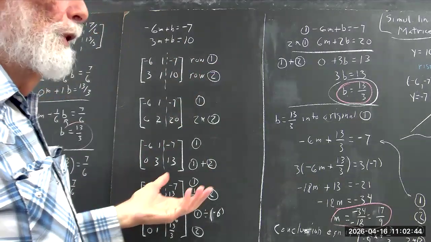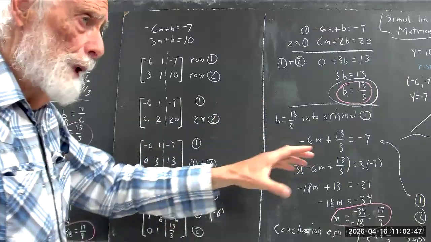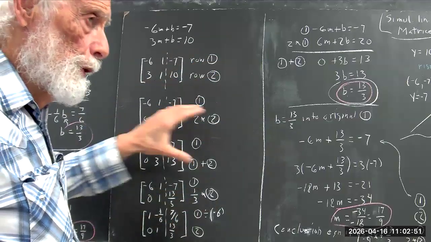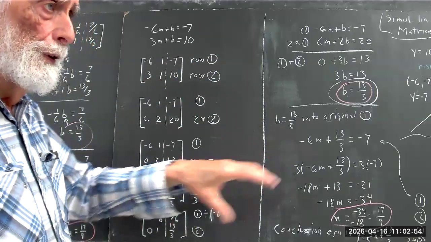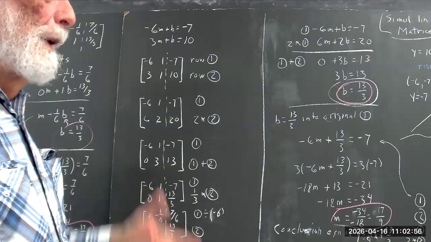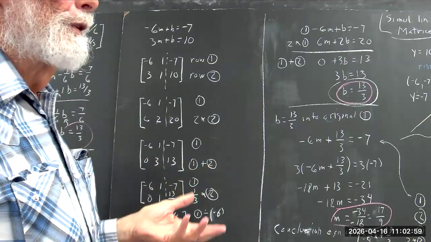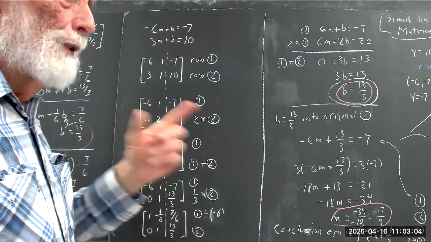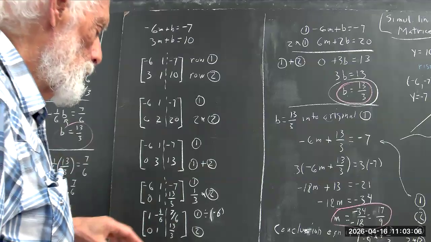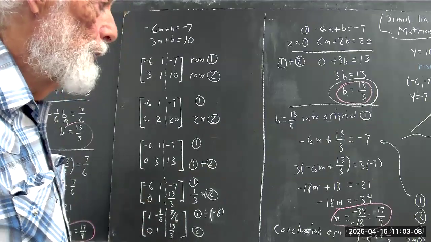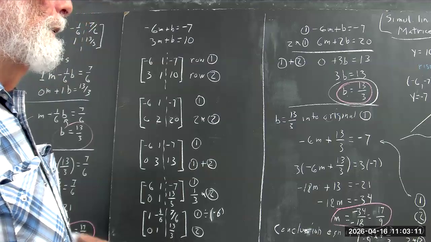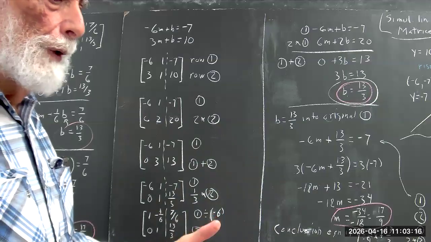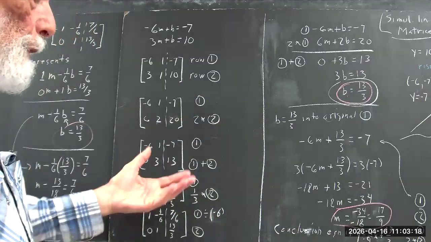There are too many steps, too much chance of error. You have to be able to do the process to understand what's going on. But once you get good at doing the process by hand for small matrices, you could write big matrices and put them into computer algebra systems, which are a dime a dozen, and get your solutions in just a couple of keystrokes. Well, a little more than a couple of keystrokes, but it's very powerful to use matrix methods. And matrix methods are very easy to program into a computer.